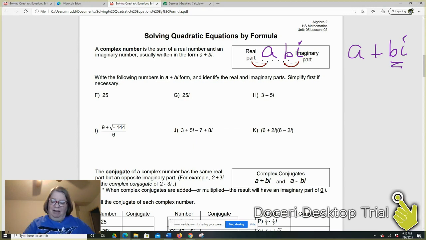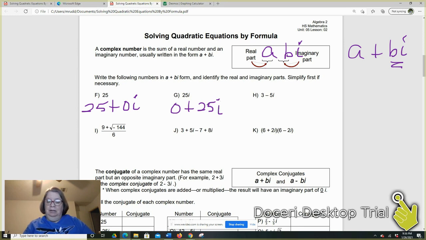So f is 25. That's just real. There's no imaginary part. If you want to write it in a plus bi form, you could do 25 plus 0i. 25i is just imaginary, so that would be 0 plus 25i. 3 minus 5i, that's already in the a plus bi form. The 3 is the real part, the 5i is the imaginary part.